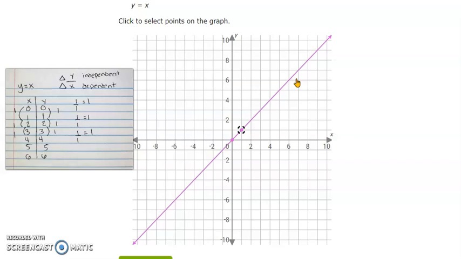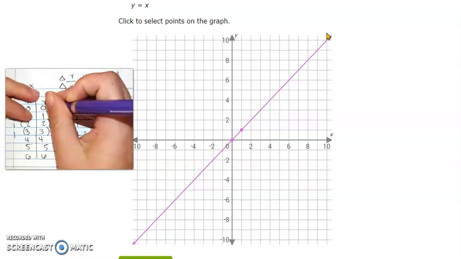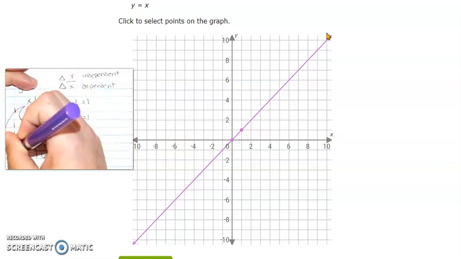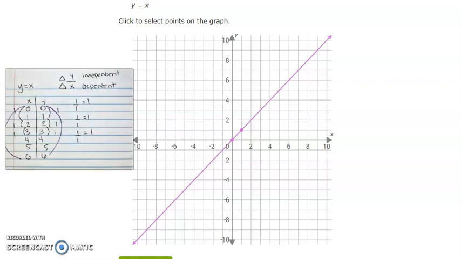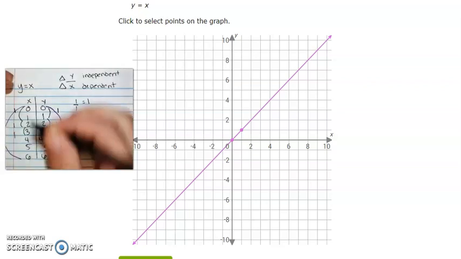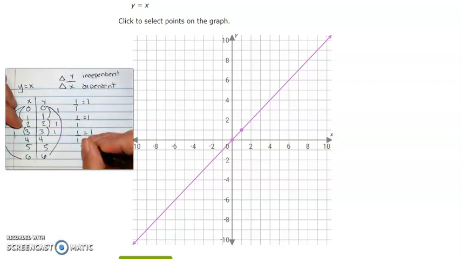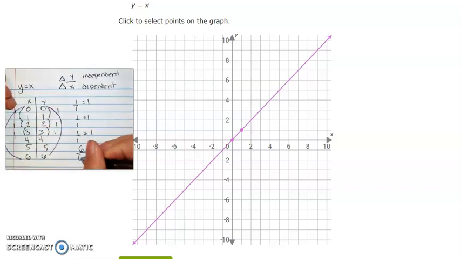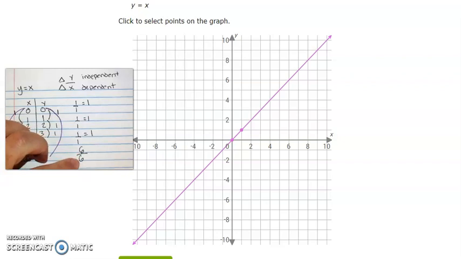What happens, though, if my points aren't in order? I'm going to show you what would happen if I compared 0 and 6. From 0 to 6 is 6, and from 0 to 6 is 6. 6 over 6 is 1.